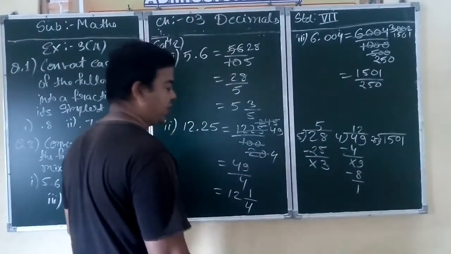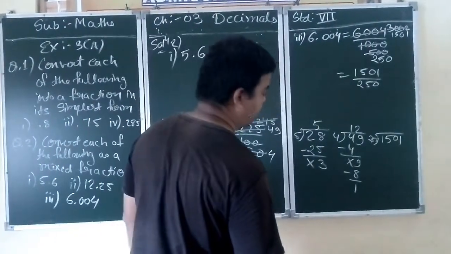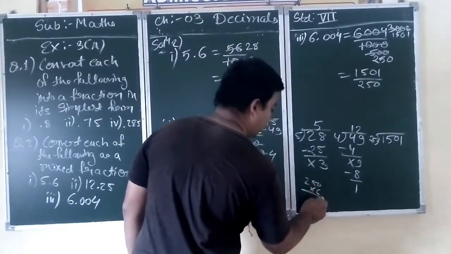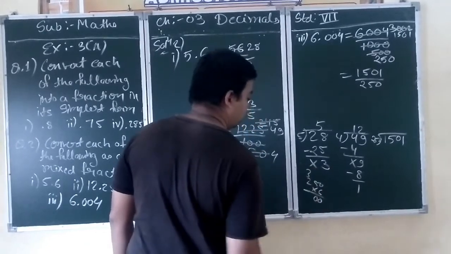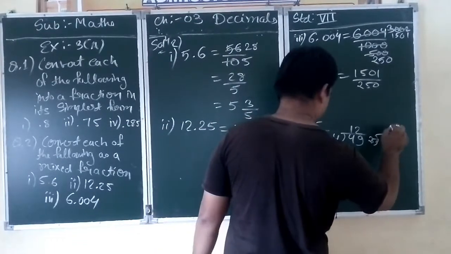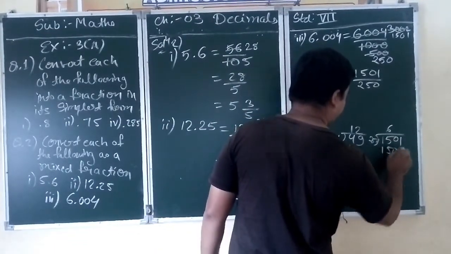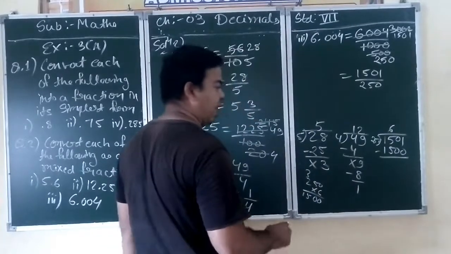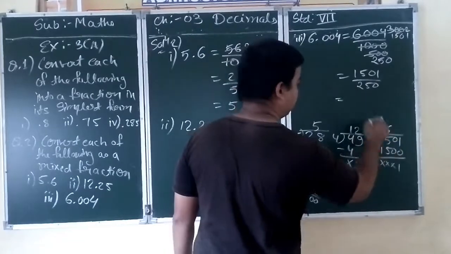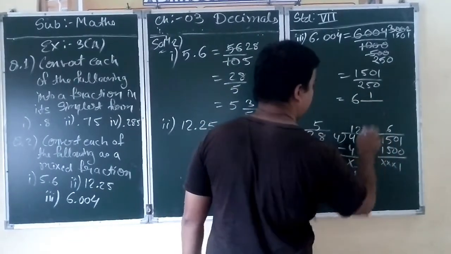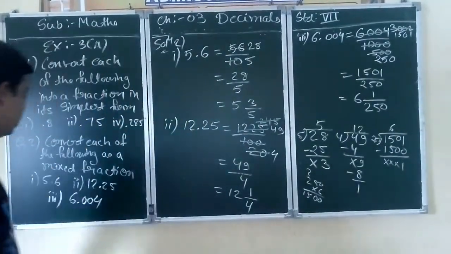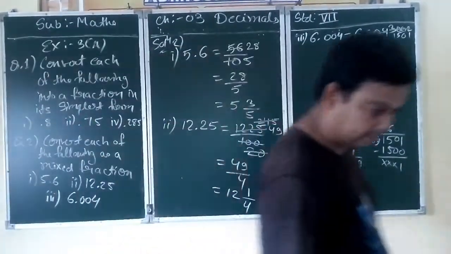Okay, 250, what is 250? 4 is 1000. 250 into 6 is 1500. So 6 whole, 1 by 250. Okay? Let's copy this.